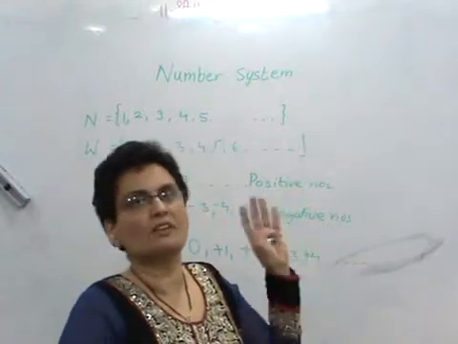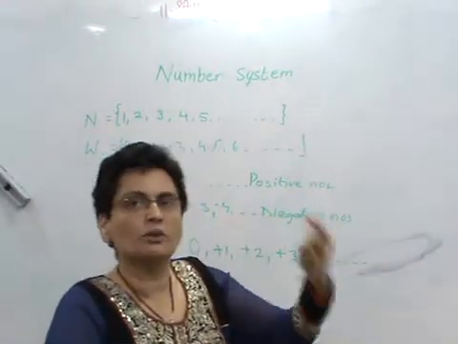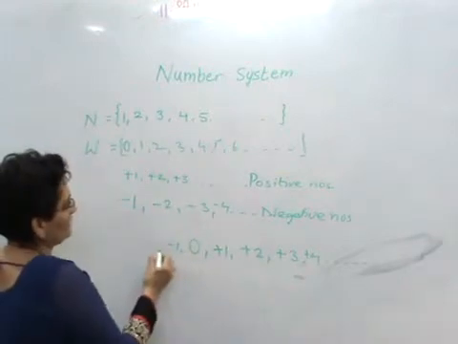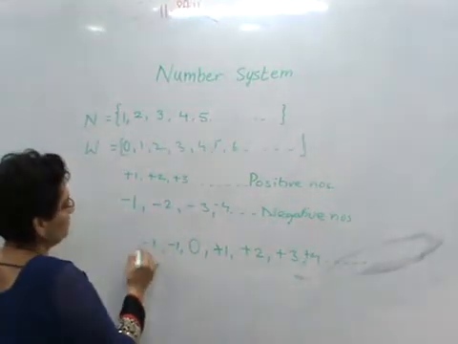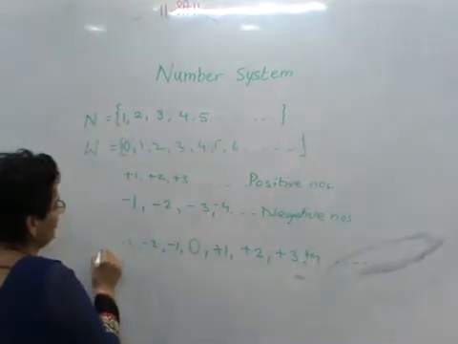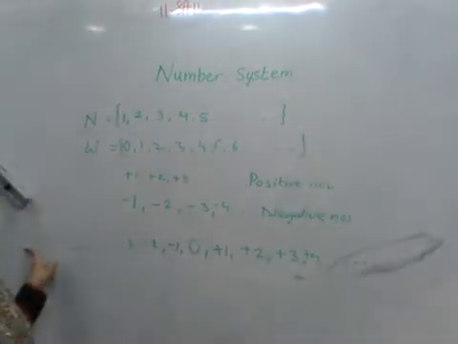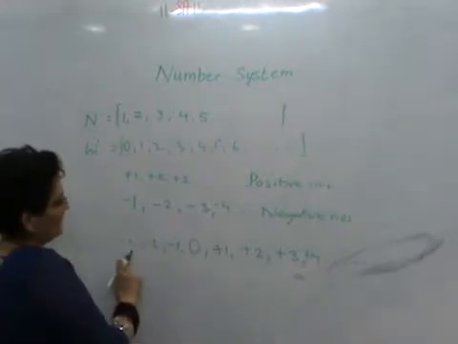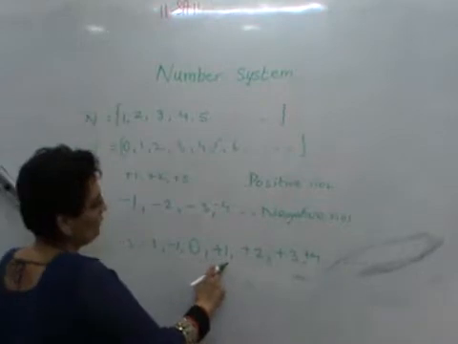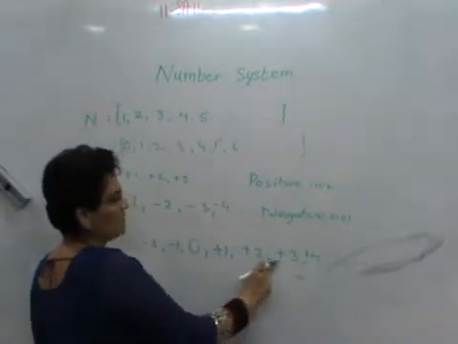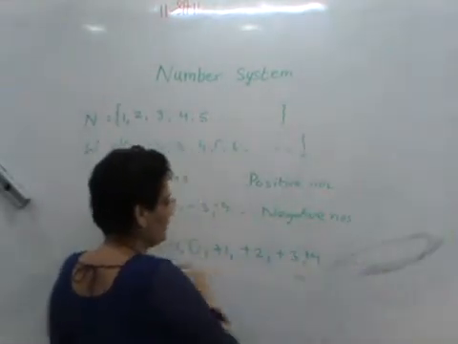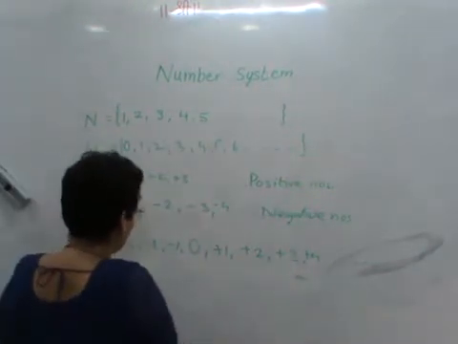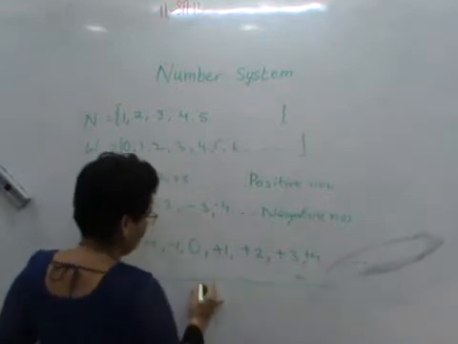Whenever you say 1, 2, 3, it is always assumed that they are positive. And minus 1, minus 2, minus 3, minus 4 till infinity are negative numbers. So from minus infinity, minus 3, minus 2, minus 1, 0, 1, 2, 3, plus 4 till infinity, all these numbers fall on a number line.